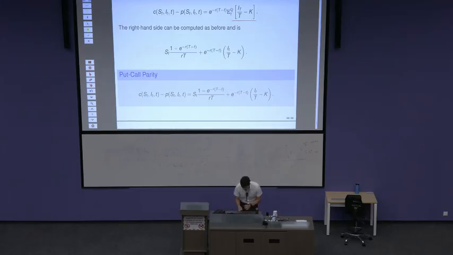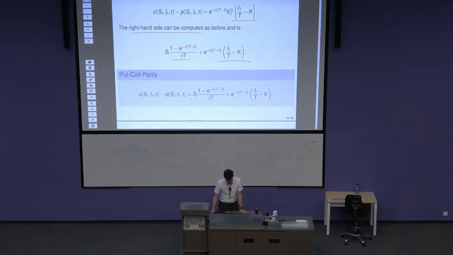So the right-hand side can be computed as before. And if you compute it, these are the values we have computed. So this is what you get if you do the calculations for the right-hand side. And then in the end, you get that the put-call parity can be written in this explicit form.